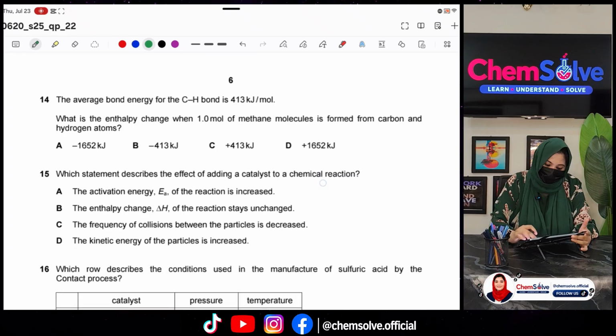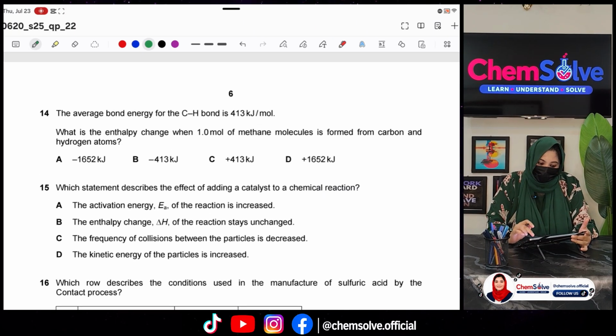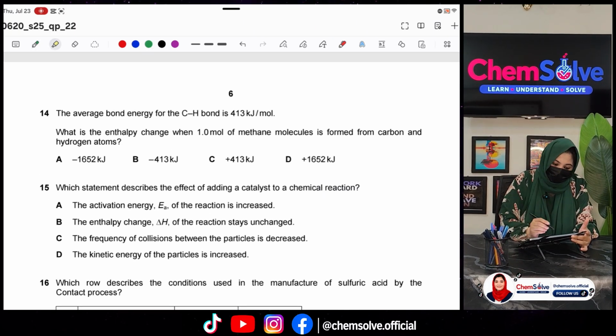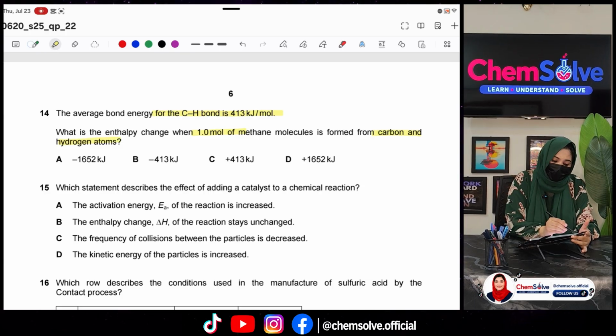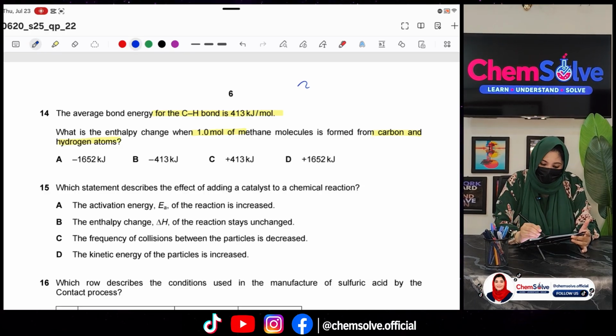The next question is question number 14. The average bond energy for a C-H bond is 413 kilojoules per mole. What is the enthalpy change when 1 mole of methane is produced from carbon and hydrogen atoms? So let's make the equation.